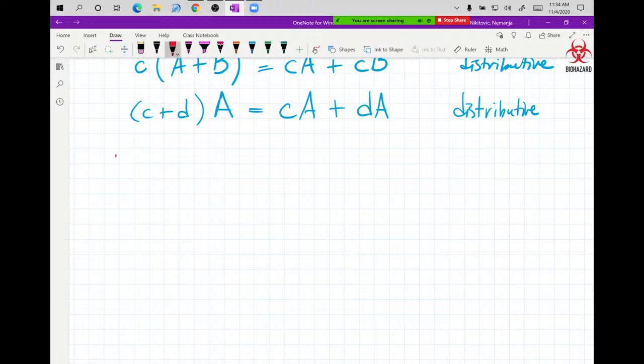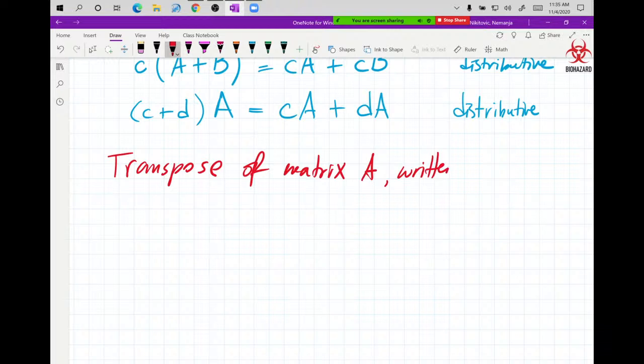So the transpose of matrix A, written as A with a T as the exponent, is swapping rows for columns.